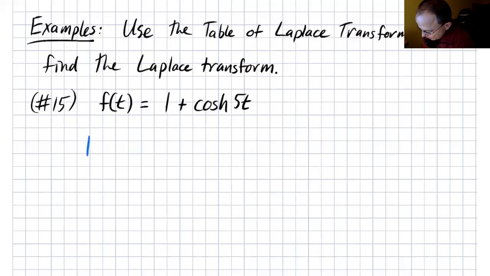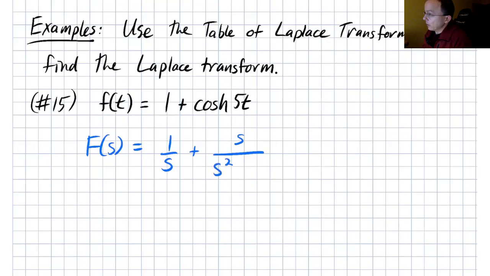Okay, so here we have the Laplace transform of 1, which is 1 over s, and then the Laplace transform of hyperbolic cosine 5t is s over s squared minus 5 squared, so 25.